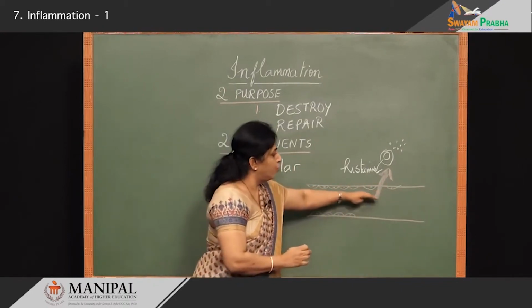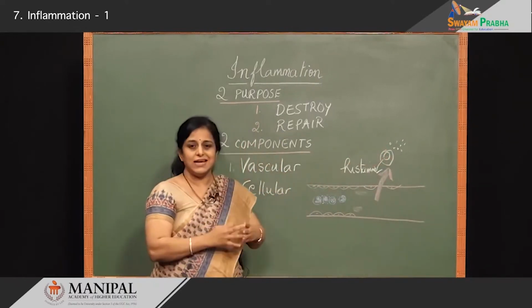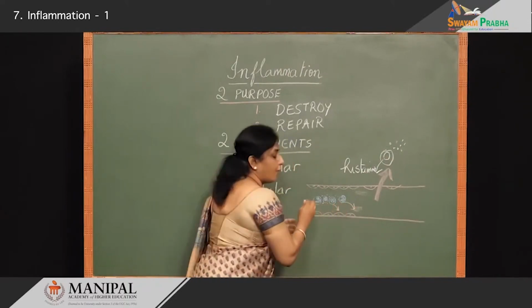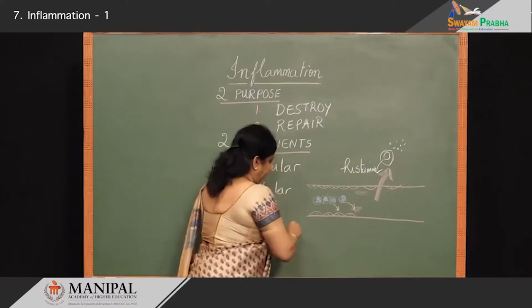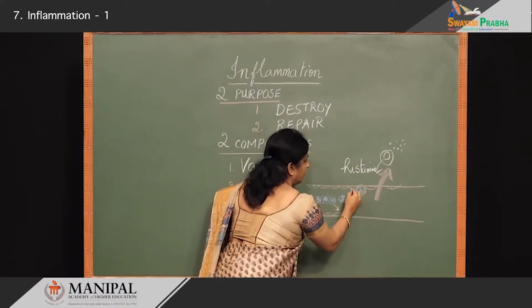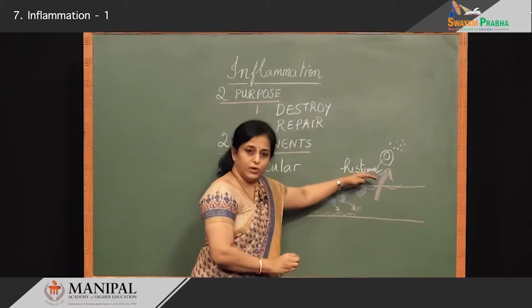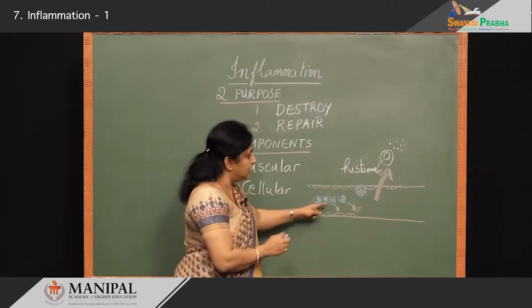Now, because of this movement of fluid out of the circulation, there is vascular stasis. Now, this causes the movement of these cells from the center of the stream to fall out to come to lie at the periphery. Okay, so these cells which are in the center of the bloodstream now move towards the outside and come to lie in the endothelial cells. So, this is the first step.